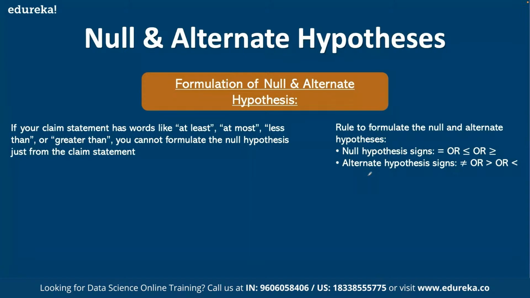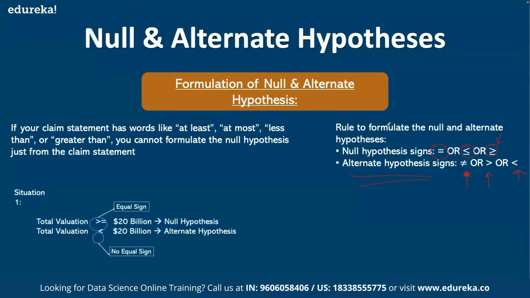The null hypothesis uses equal to, greater than or equal to, or less than or equal to, and the alternate hypothesis is the opposite of it. If I'm using equal to, the alternate is not equal to. If it is less than or equal to, then it will be greater than. If it is greater than or equal to, then it will be less than. This is how we formulate the null hypothesis and the alternate hypothesis.